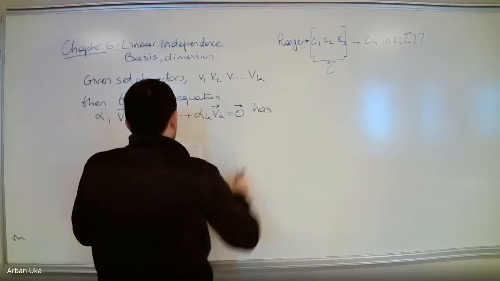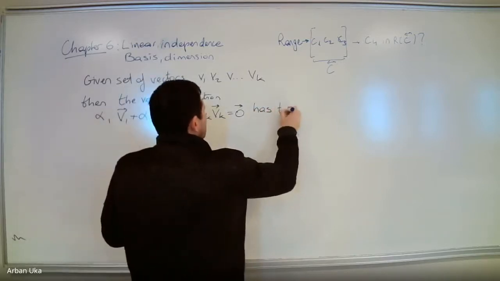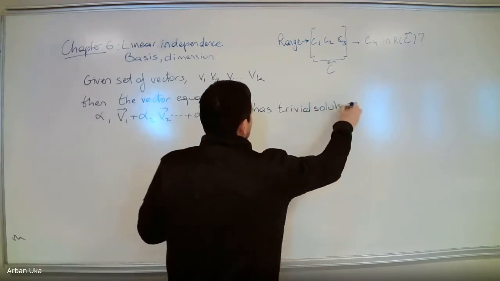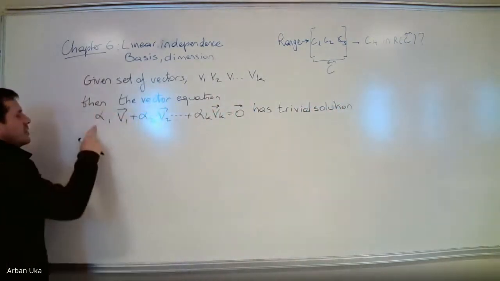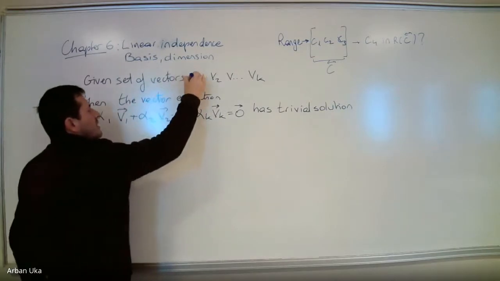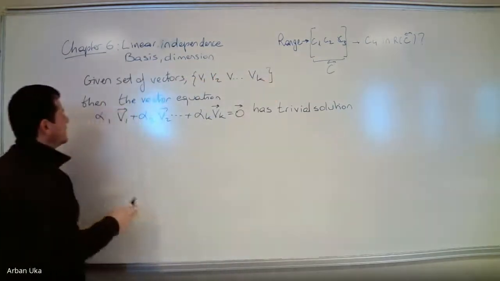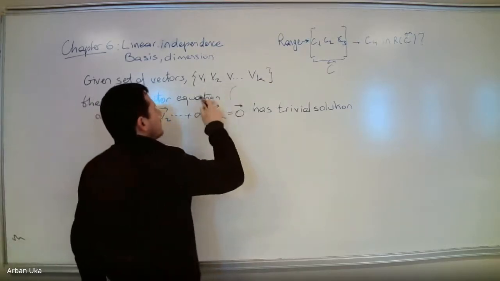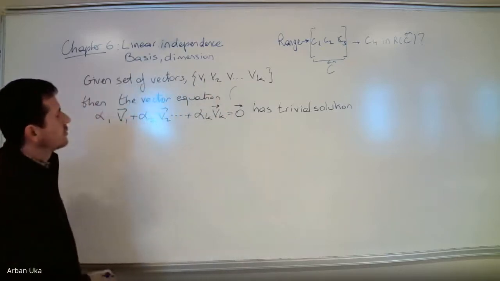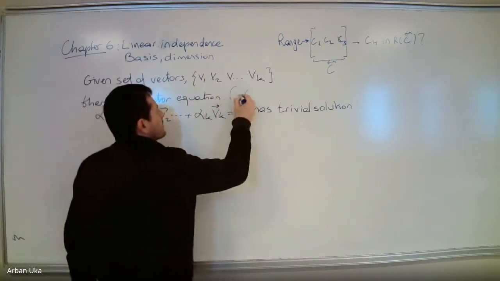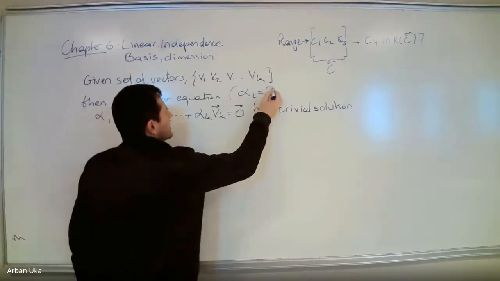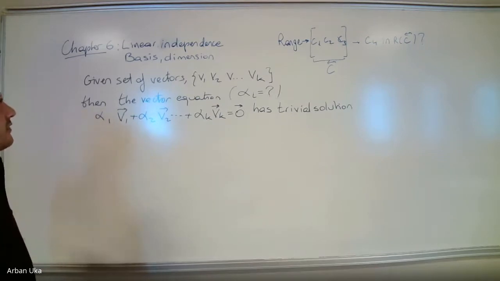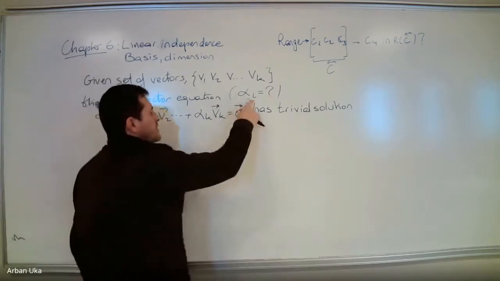has a trivial solution. So we have this equation, and these vectors are a given. But with this vector equation, whenever we are given a set of vectors v1 to vk, the equation has something which is unknown, which in this case is the unknown parameter, the alpha i.